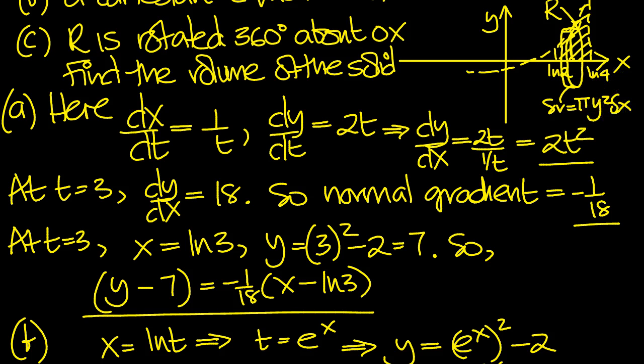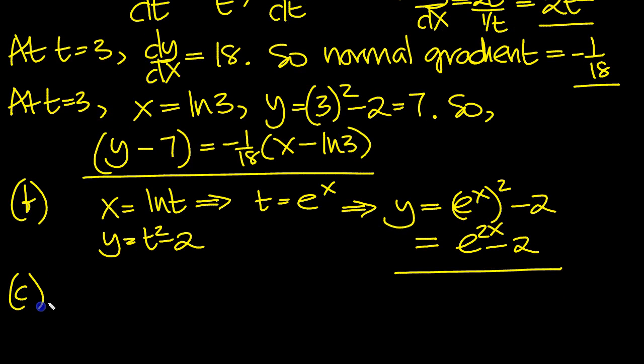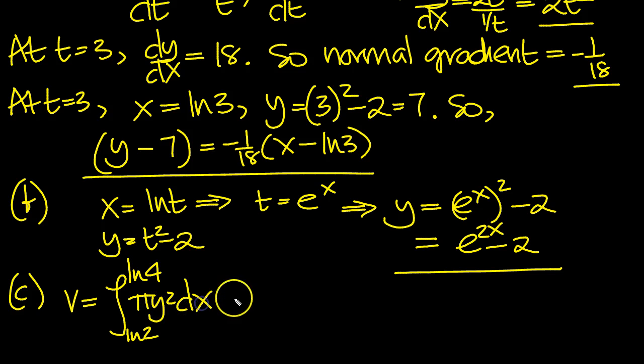So we need to sum these cylinders between those two bounds. So the volume is equal to the sum between ln 2 and ln 4 of the pi y squared delta x's, which we write like so. So there's our volume formula then.